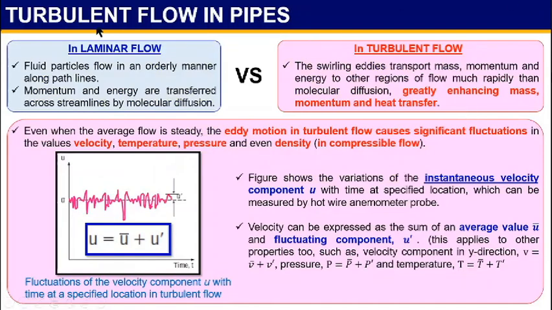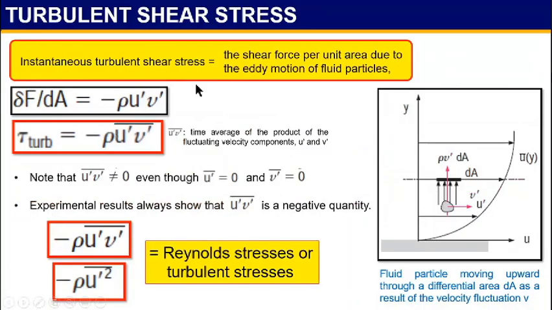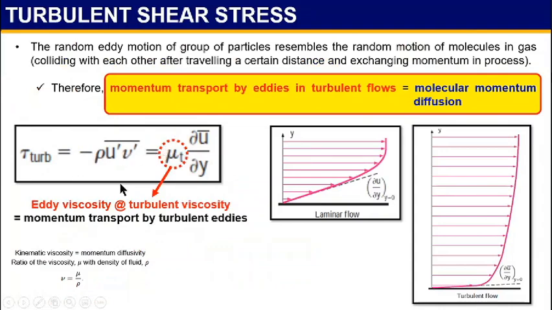Okay, it is happening here. In laminar flow, it is called molecular diffusion. The previous equation, the Reynolds stress or instantaneous turbulent shear stress, can also be written in terms of the eddy viscosity, or turbulent viscosity, mu t, which is equal to the momentum transport by turbulent eddies. So the viscosity of each eddy is equal to the momentum transport by turbulent eddies, and we can determine the momentum transport of a particular eddy at one particular time.